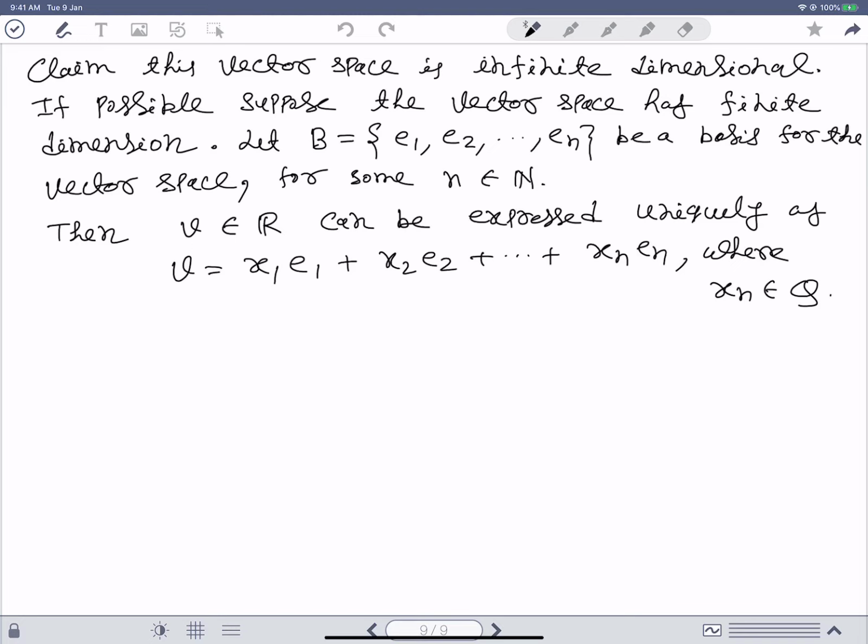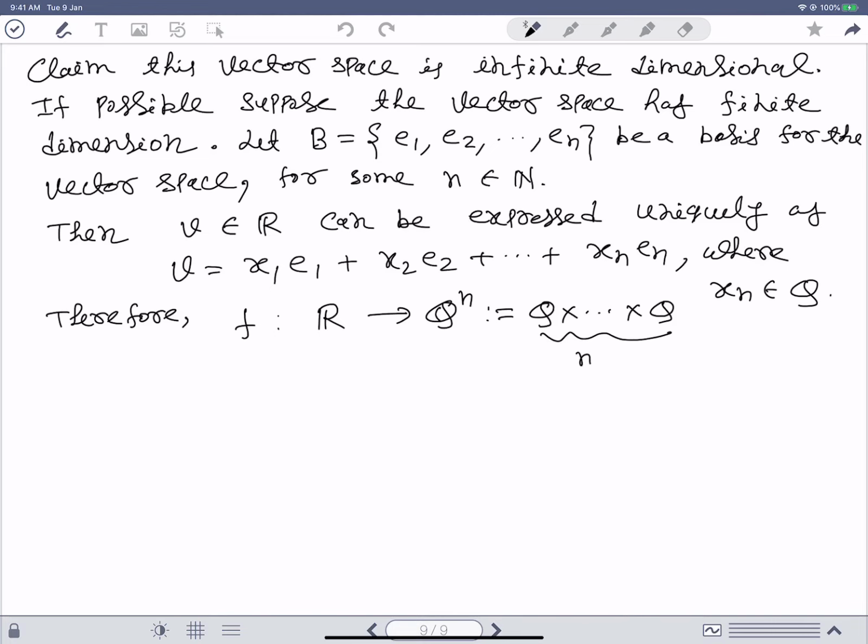Since this expression is unique, the map f from R to Q^n, which is Q times Q up to n times, where x1 e1 plus up to xn en goes to (x1, x2, up to xn), is a bijective function.